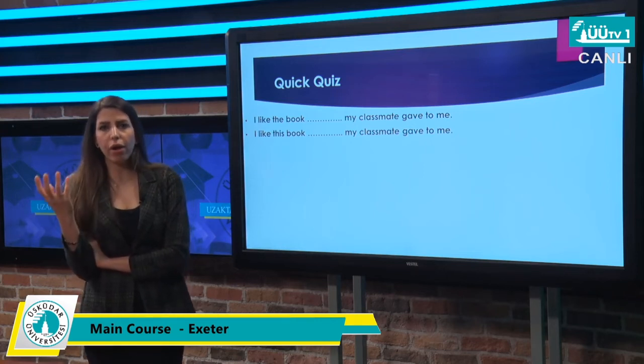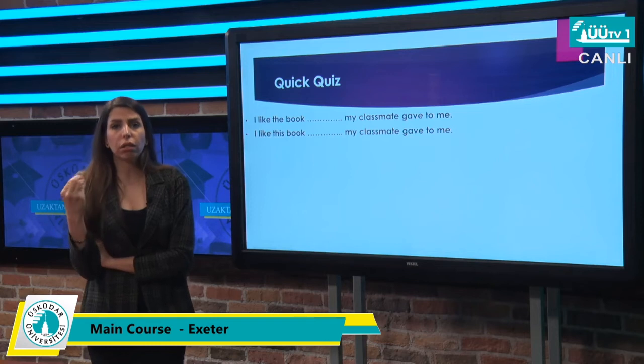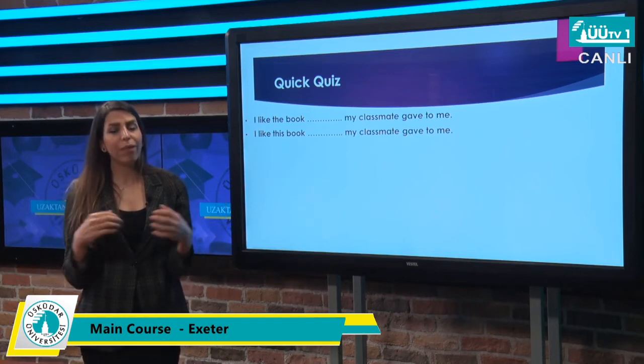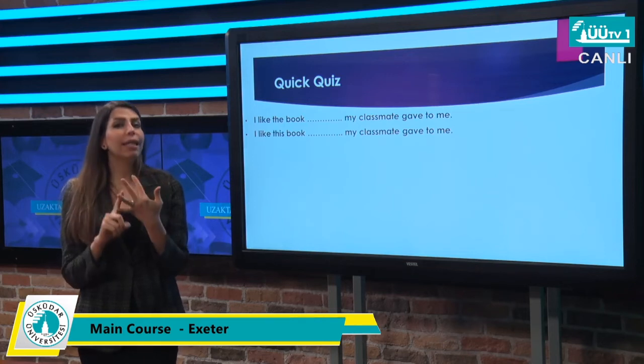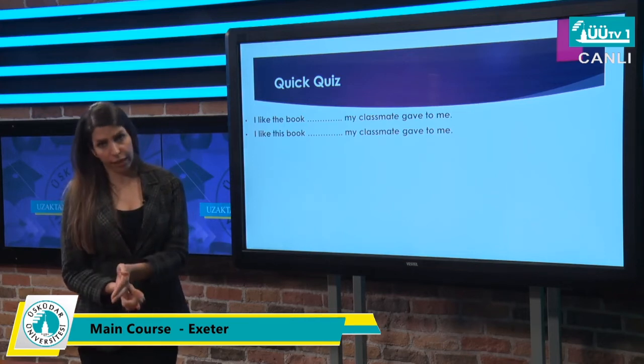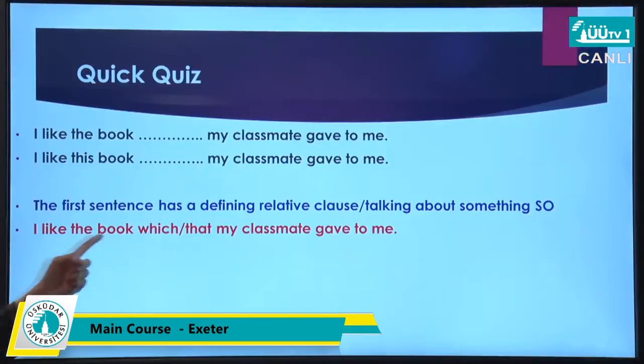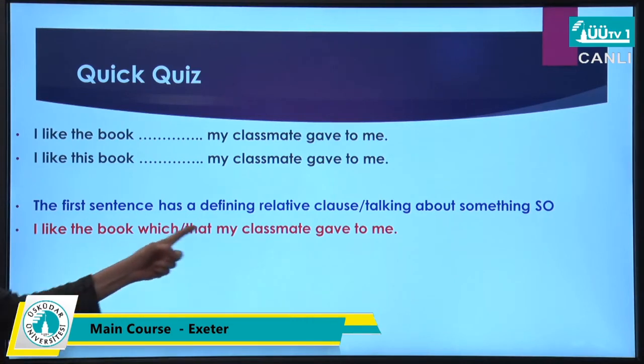So you need another clause to complete this sentence. So here I can use both which and that because this is a defining relative clause. Am I right? Yes. Which and that my classmate gave to me. Which book? The one that my classmate gave to me.